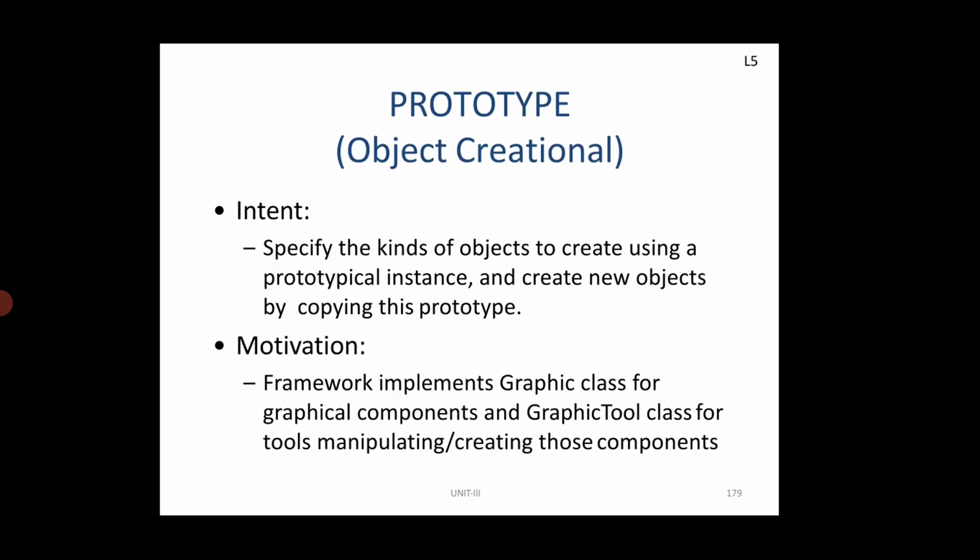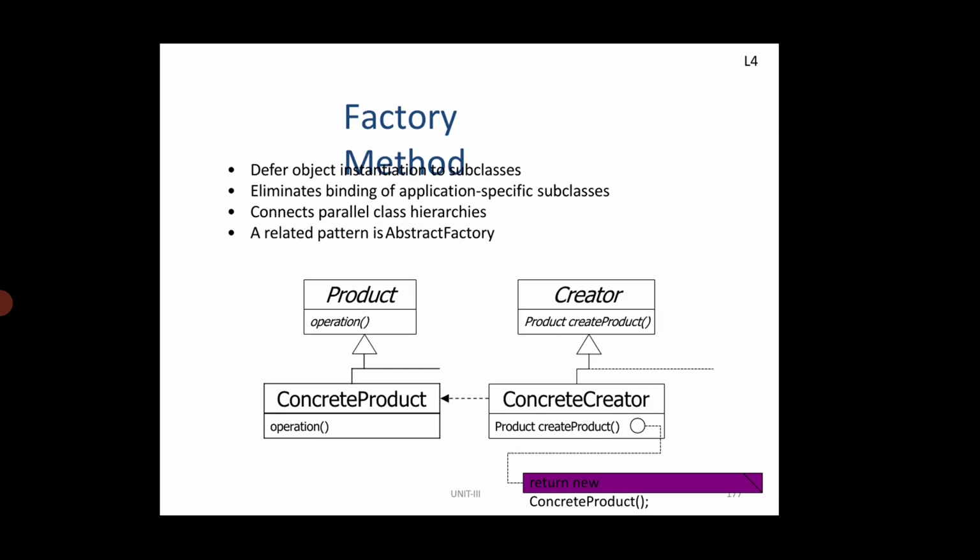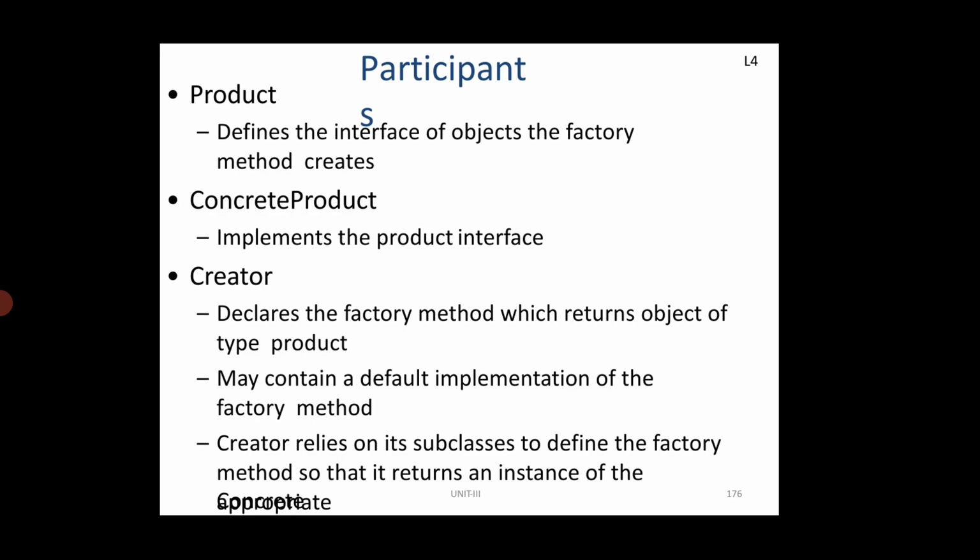In this concept we need to study the concrete creator, how the creator creates some concrete creator, my application. It overrides the factory method to return an instance of a concrete product.